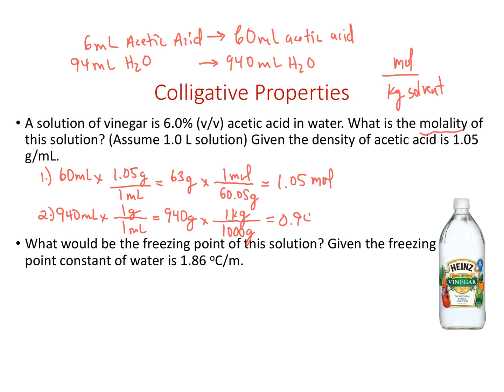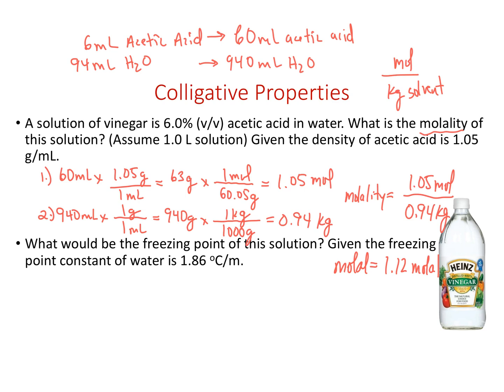I have 0.94 kilograms of water. Now we can find molality. My molality equals 1.05 moles over 0.94 kilograms of solvent. My molality for this solution is approximately 1.12 molal.